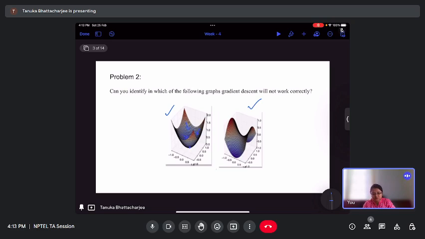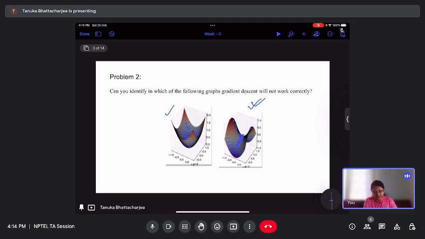But in this particular case, the second one, let us say you start from somewhere here, but once you reach this region of the graph, it's kind of horizontal with the xy plane. So here once you reach here, your update with the gradient will be very less.